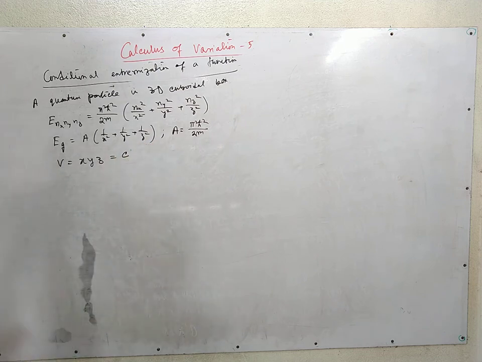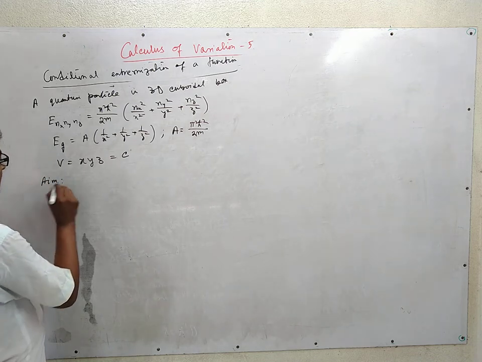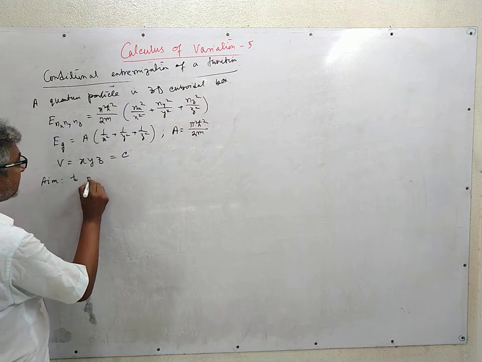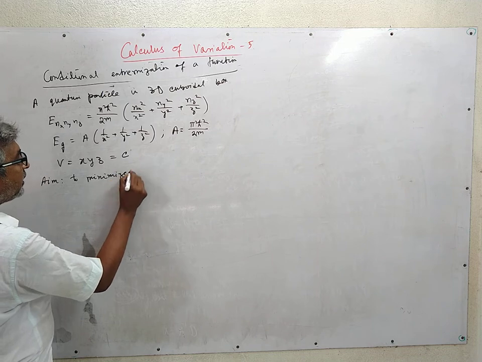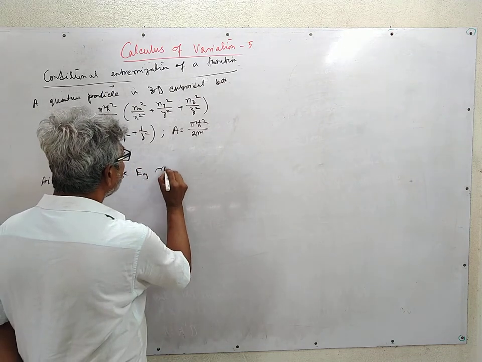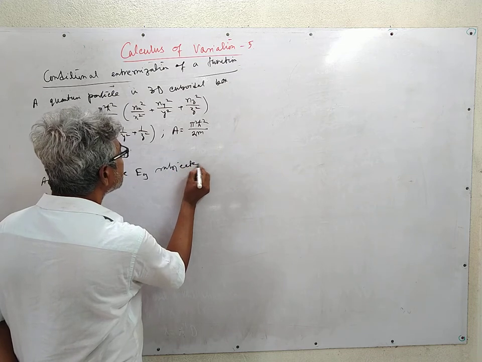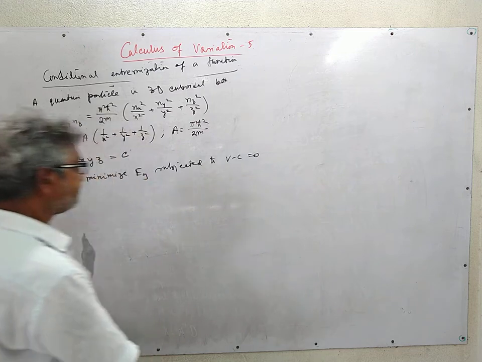So our problem is to minimize Eg subject to the constraint v minus c is equal to 0.